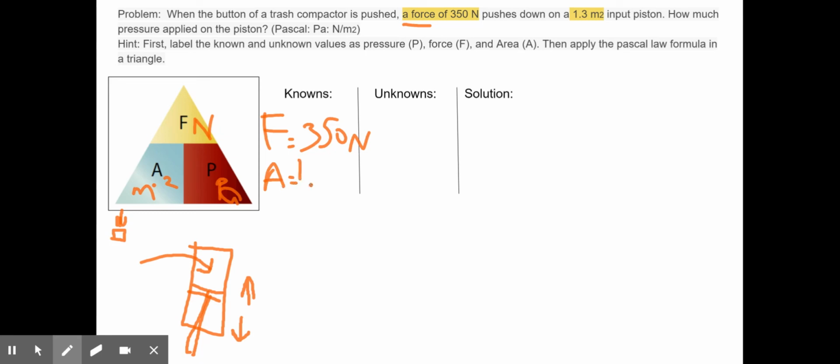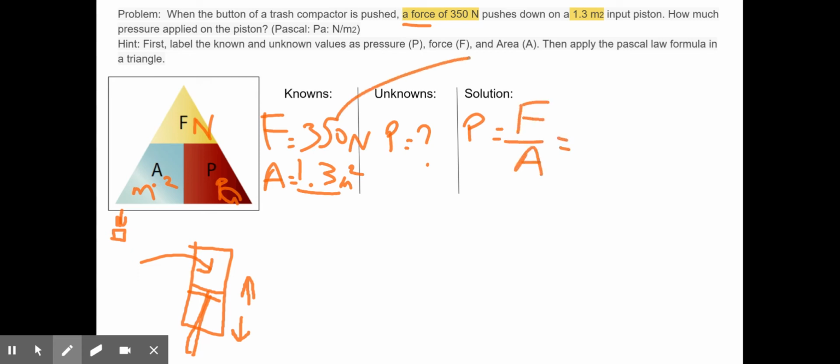This is one of the very simple problems. So what don't we know? The unknown is P, the pressure. We don't know how much pressure is applied on the piston. We know that pressure is equal to force over area.